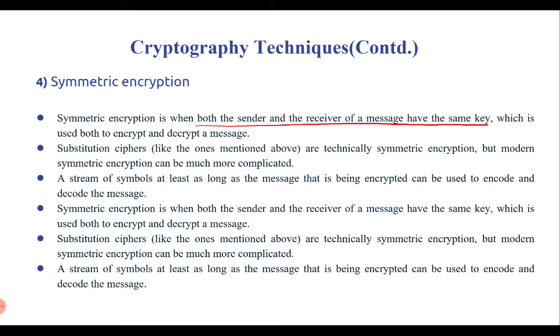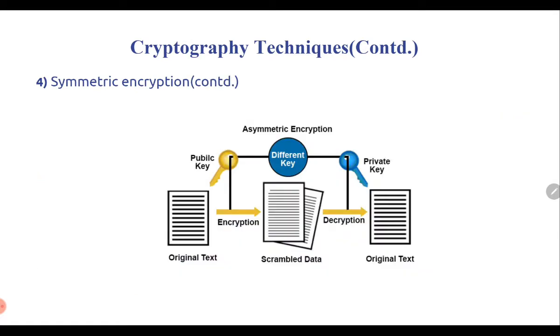There is a stream of symbols, at least as long as the message being encrypted, that can be used to encode and decode the message, and it is used when we want to send extremely simple messages, certain messages which are not of high priority.